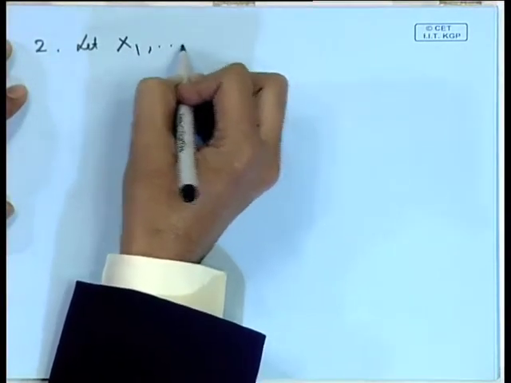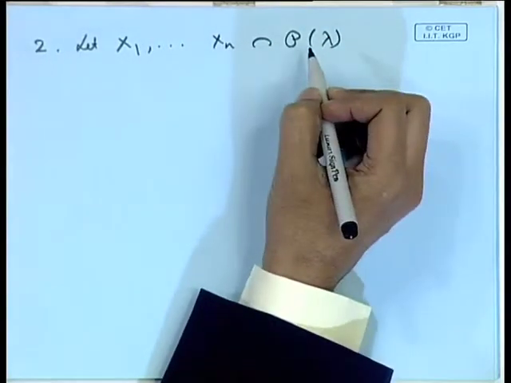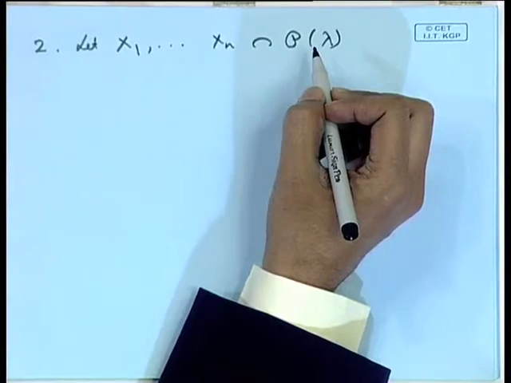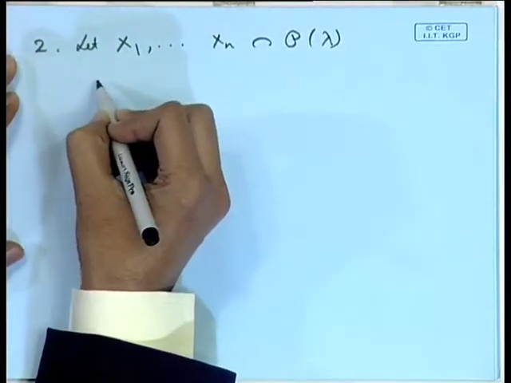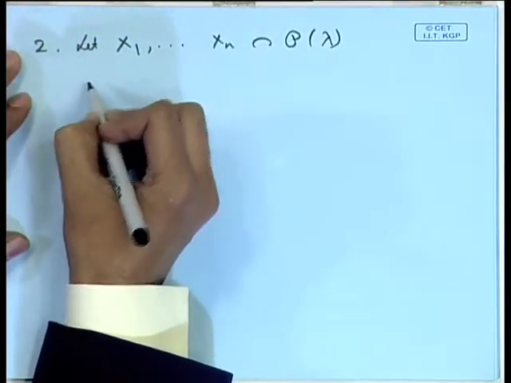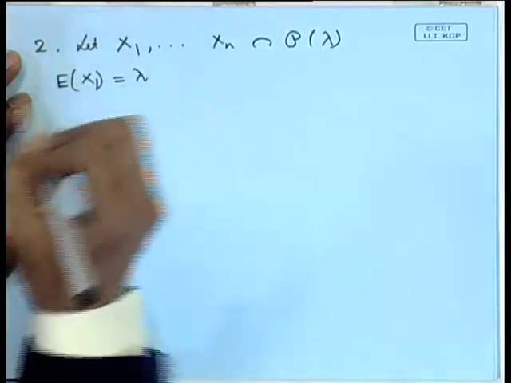Let x 1, x 2, ..., x n follow Poisson lambda distribution. So, here lambda is the parameter. Suppose I want to estimate lambda itself, then I may use say x 1. So, expectation of x 1 is lambda.